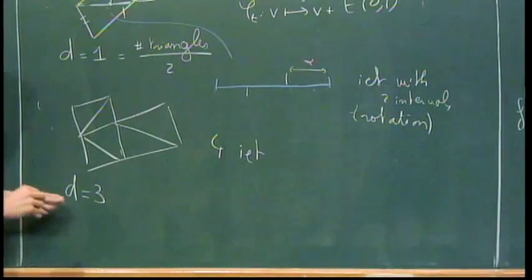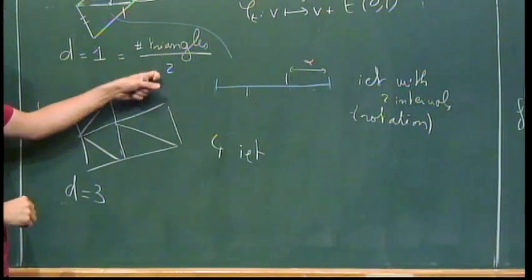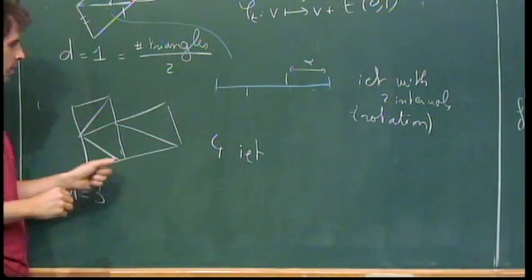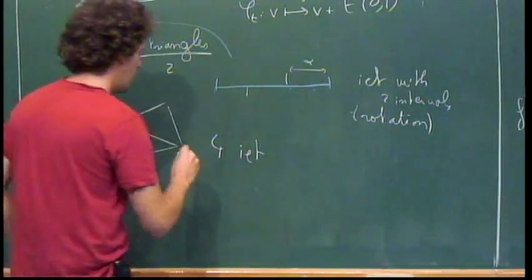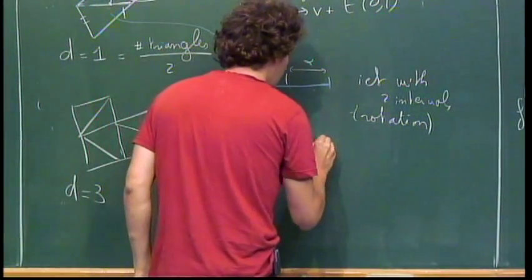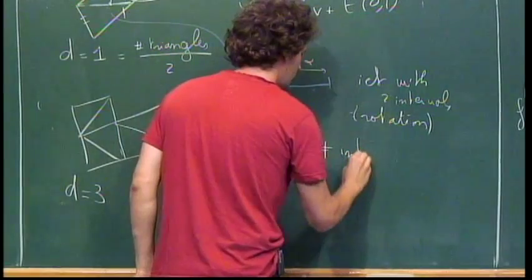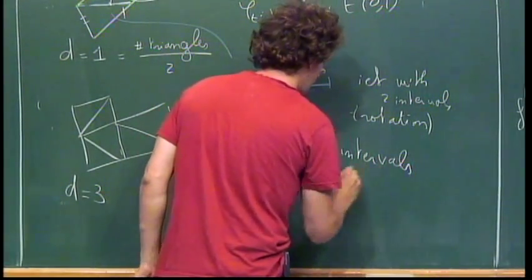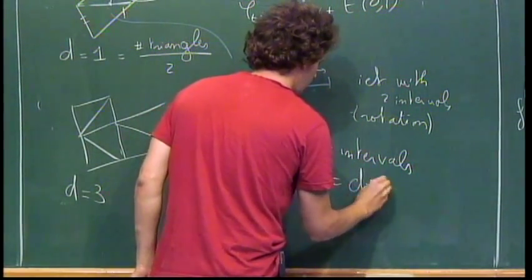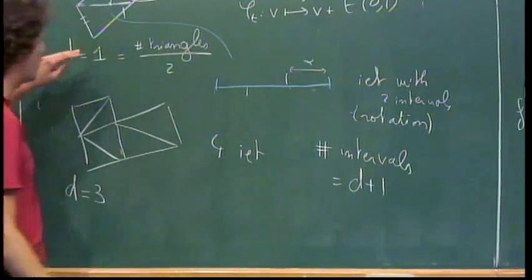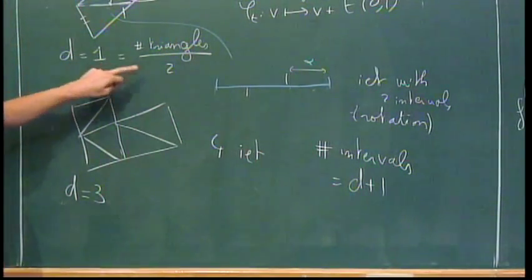And so what is the relation with my D, which is the number of triangles divided by 2? The number of intervals is just D plus 1, where D was my number of triangles divided by 2.